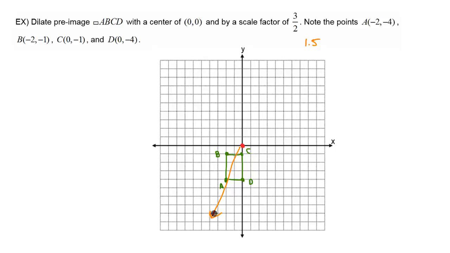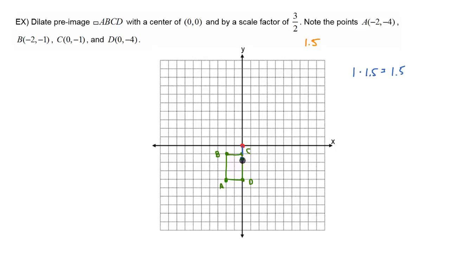So from our center to our pre-image, we're going to get our image, and it's going to be somewhere around here, okay? So let's start with dilating point C here, because it looks like we went down just once. So we take 1 and we multiply it by 1.5, and that's going to give us 1.5. So I'm going to graph C prime, and that means I'm just going to go past -1. It's going to be between -1 and -2 right there.